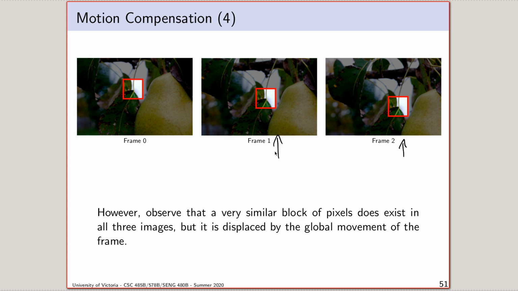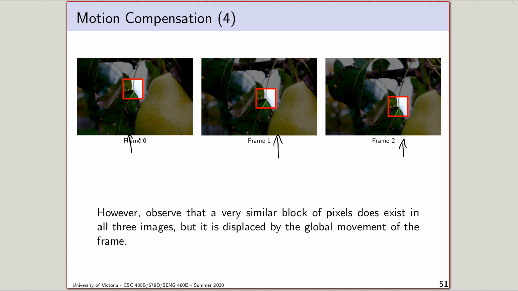It's sort of up here. And in frame 0, the same thing is happening. It's sort of up here. So if I want to compute deltas, I don't want to do them pixel by pixel. I want to find some way of saying, hey, I want you to shift the whole block up a little bit and take the difference with respect to where you end up, not just with respect to the same position.